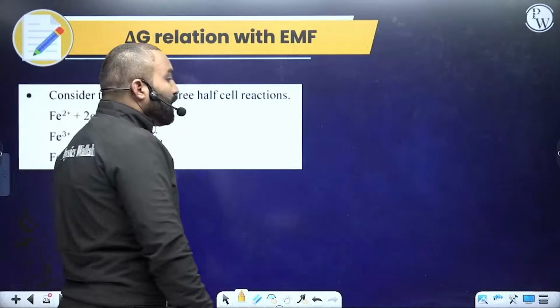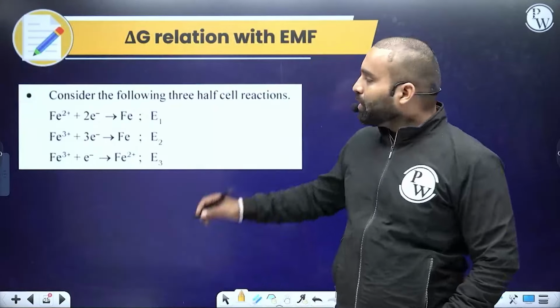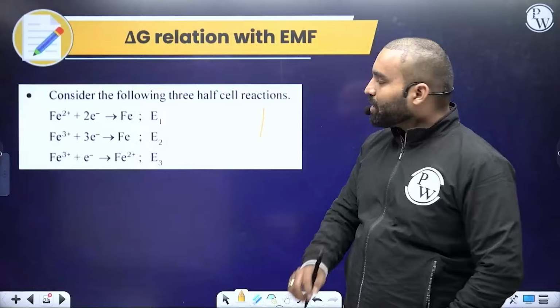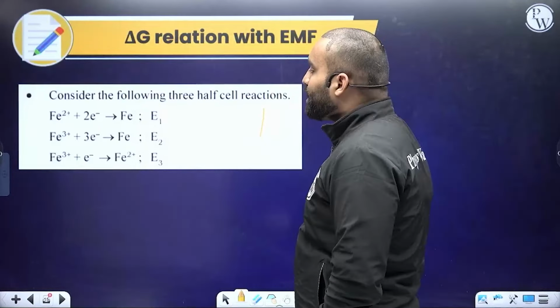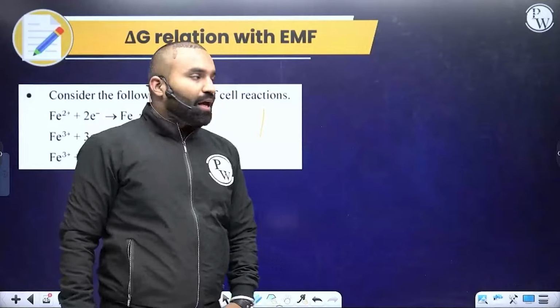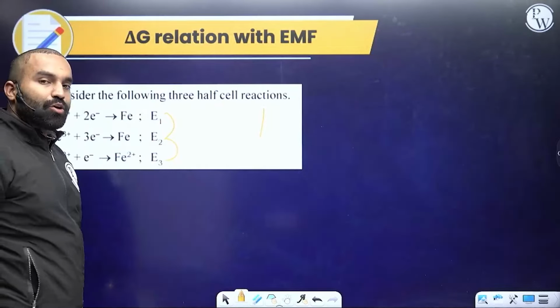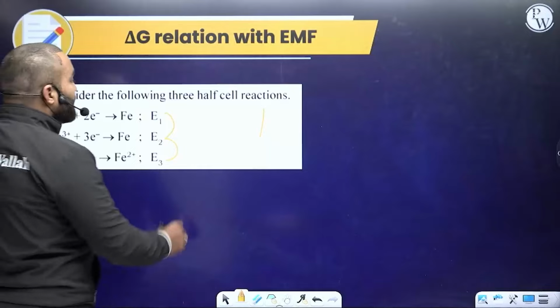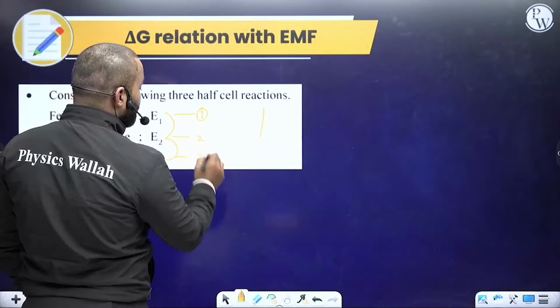Now, very important application of this delta G and E cell is that when you are provided with these 2-3 reactions and you are asked to build a relation between these, then what to do? Shall we say that this is my reaction number 1, this is my reaction number 2, this is my reaction number 3?